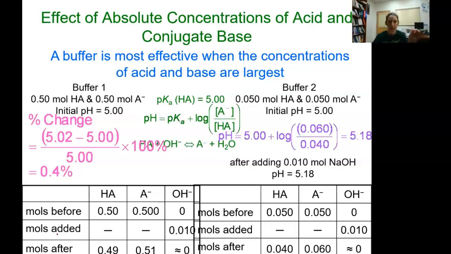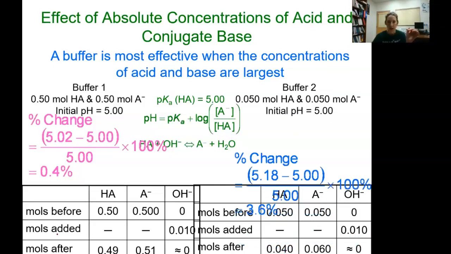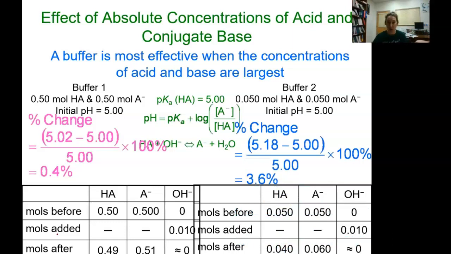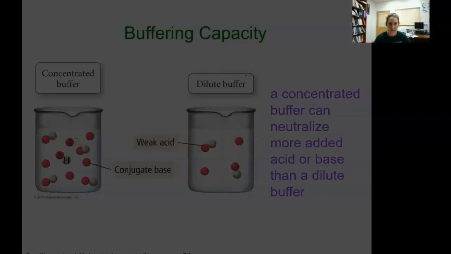So like I said, barely changed. And the second one changed by 3.6%, right? So there was a greater change when the concentration was lower. So it's most effective when the concentrations are the largest. So the more concentrated that acid and its conjugate are, the better the buffer is going to be.